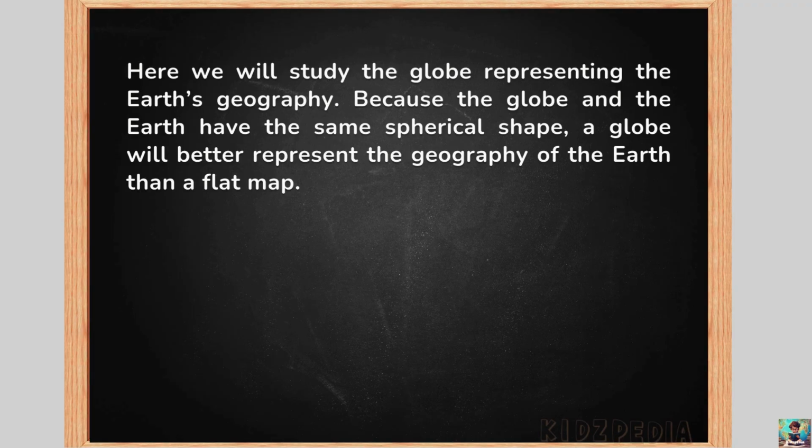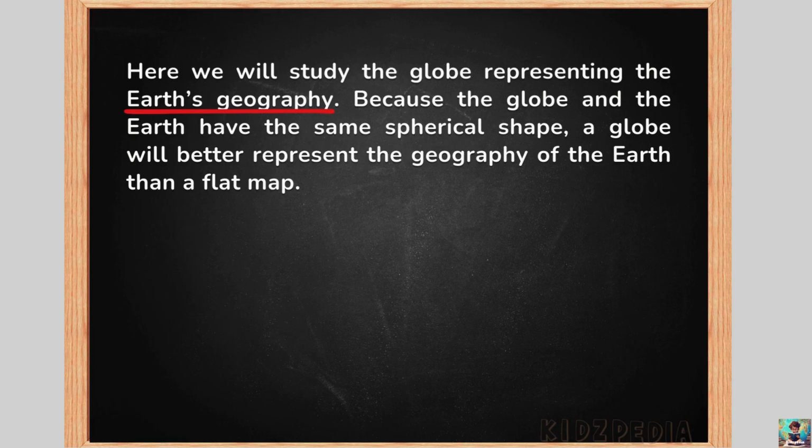Here we will study the globe representing the Earth's geography. Because the globe and the Earth have the same spherical shape, a globe will better represent the geography of the Earth than a flat map. So here we will learn about the globe that shows the Earth's geography. That is, its countries, oceans, mountains, and all places on Earth.